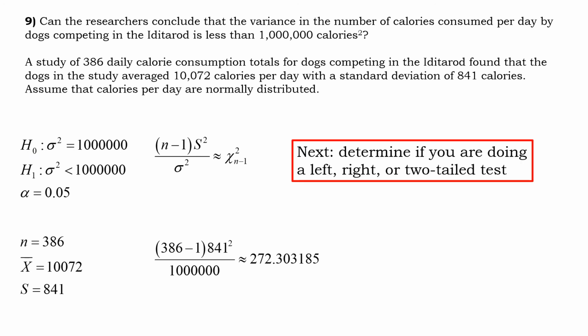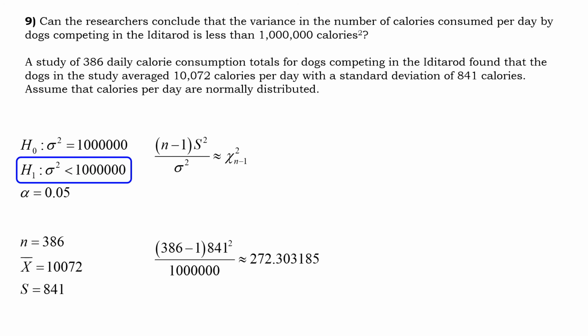It looks like a giant number, but chi-squared scores are very dependent on the degrees of freedom to know how big they are. So when we go to look at our graph, we have to know which tail we're interested in. We're trying to be convinced that the variance is small. So we're going to look at the sample variance. Now, we have the sample standard deviation here, S, right? And the smaller S is, the smaller the sample variance S squared would be.